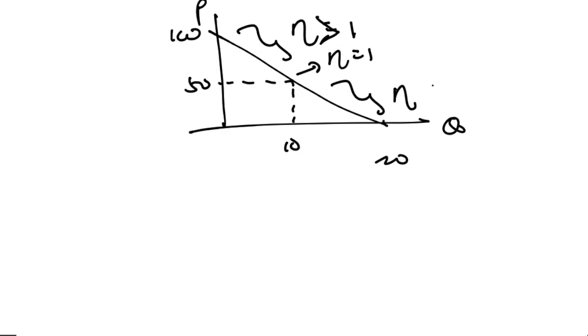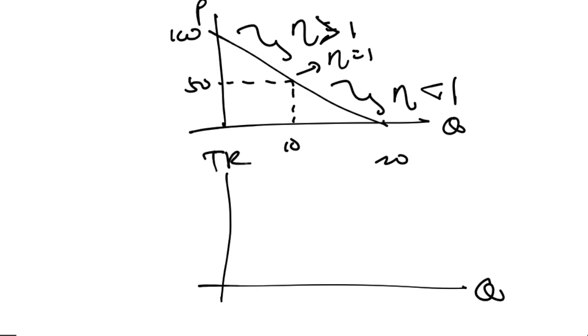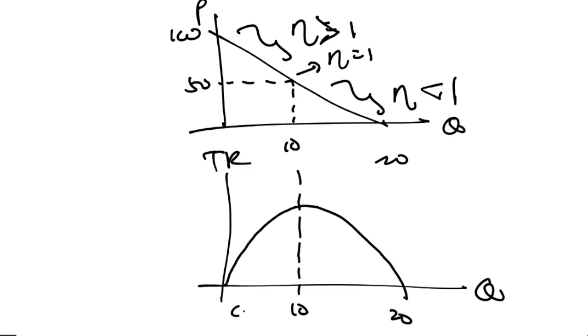This one is less than 1 elasticity of demand. So if I try to put in the form of a graph, total revenue at quantity 10 looks like this. 20 here, 0 here. Okay, can you see?